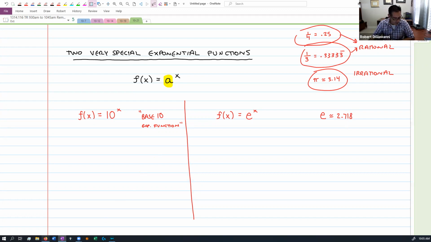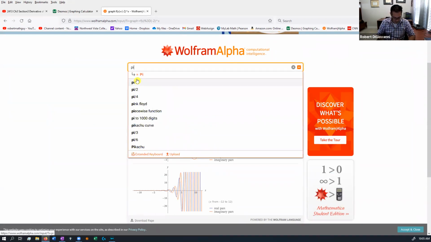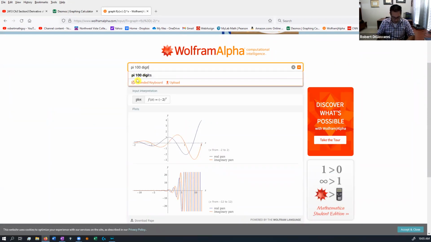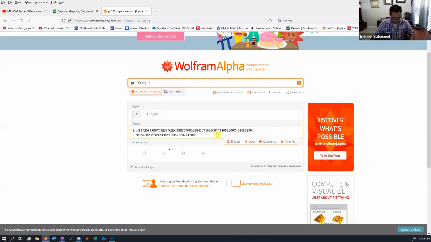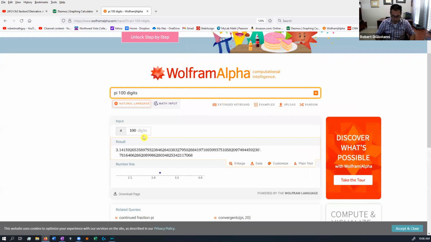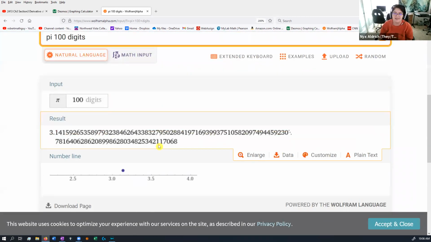Let me show you something. Let me see what happens if I do pi to 100 digits. Let's see if this computer can do this. There we go. I know it's probably very hard to see. I'll try and make it a little bigger here. There are lots of songs that teach you the 100 digits of pi.